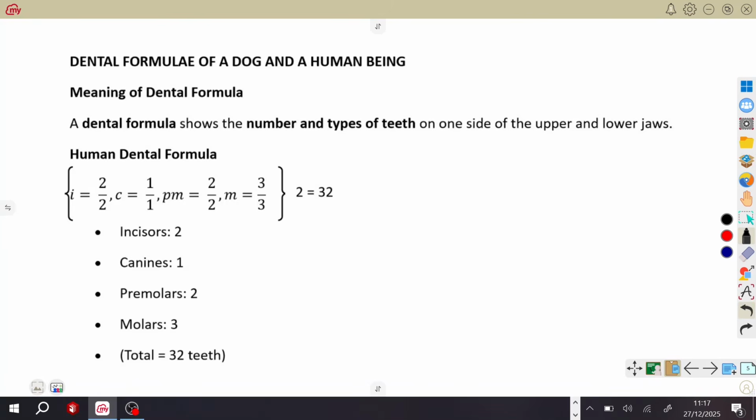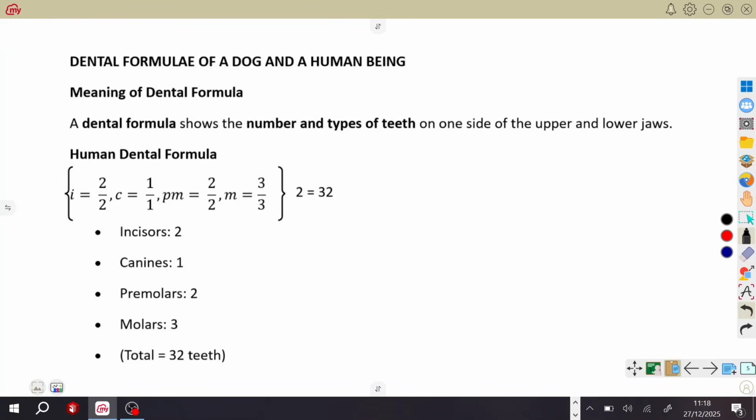So that's how you should know the formula. If they say write the dental formula of a man, you put it like that. Then these brackets were added by me to give the total number of teeth in the mouth. So for the total, you count 1, 2, 3, up to 16.